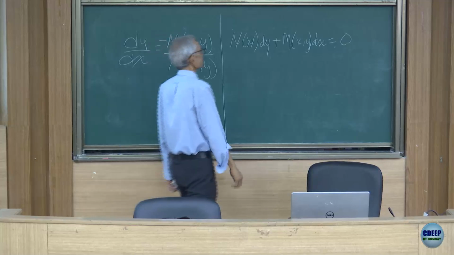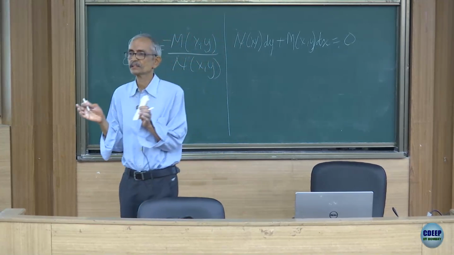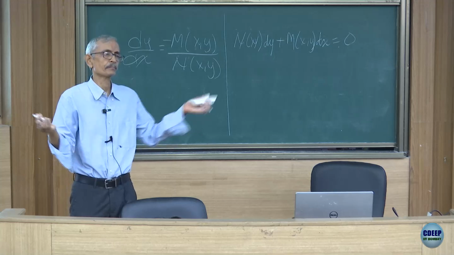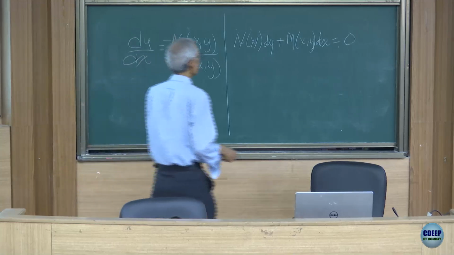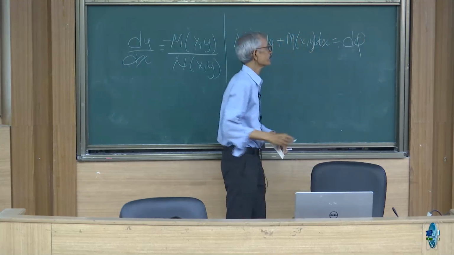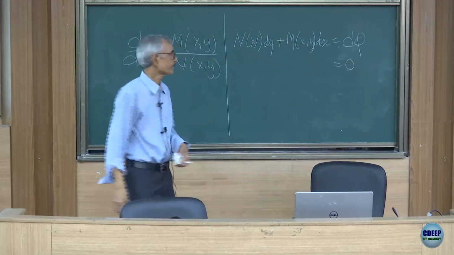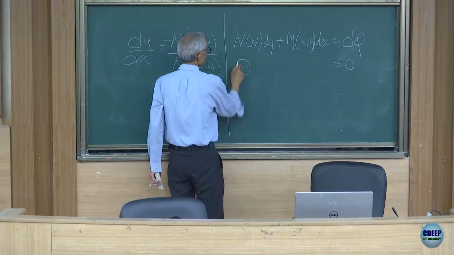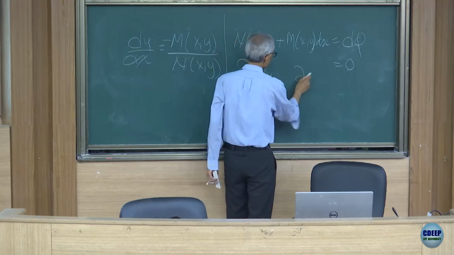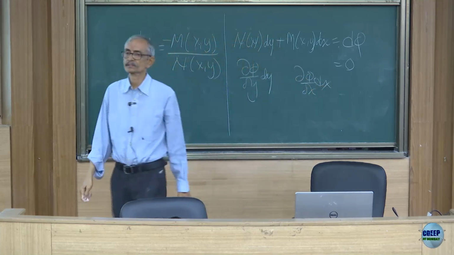Okay, now suppose we say that the solution to this can be considered as some function phi equal to a constant. Suppose. Okay, and if this becomes a total differential, then this becomes equal to 0, right? And d phi is del phi/del y dy plus del phi/del x dx. This comes from straightforward calculus, right?